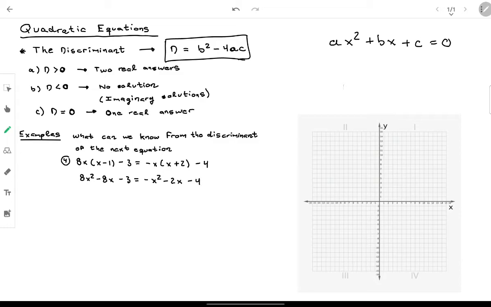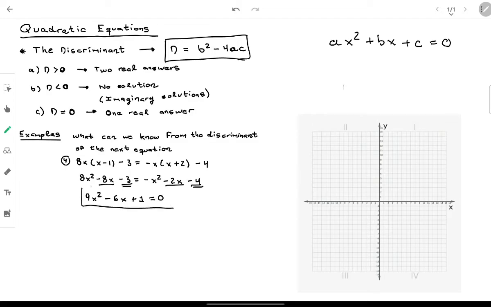So if we send them to the same side and equalize it to 0, it's going to be 9x squared. What happens with the x minus 8? The minus 2 will go as a plus 2, so it's going to be minus 6x. The minus 3 and the minus 4 will go to the other side as a plus 4, so it's going to be plus 1 equals 0.